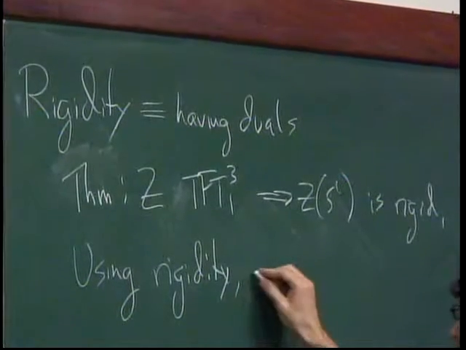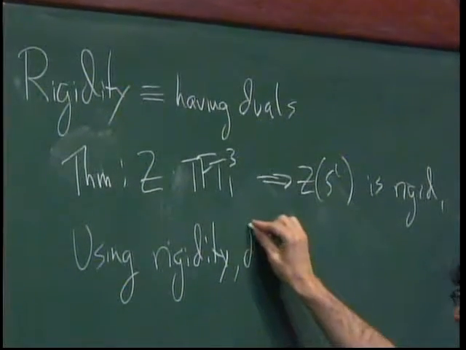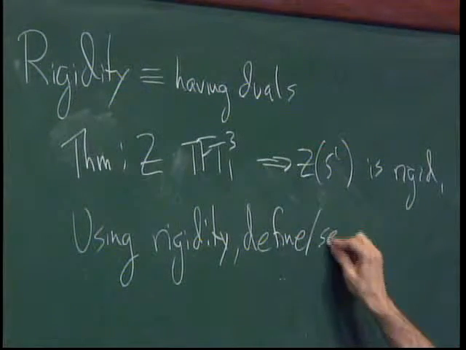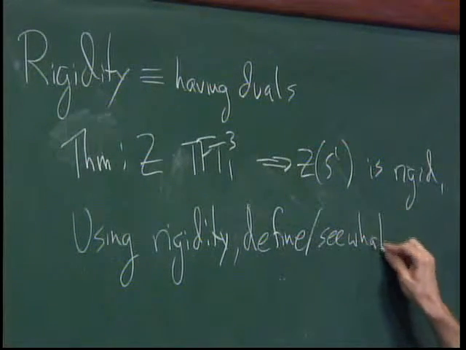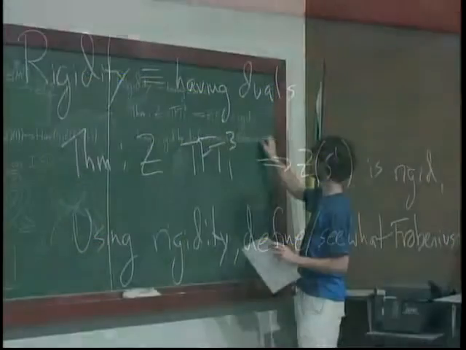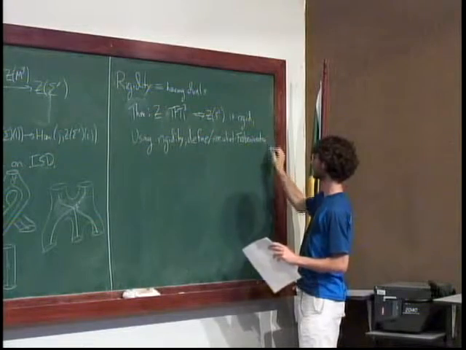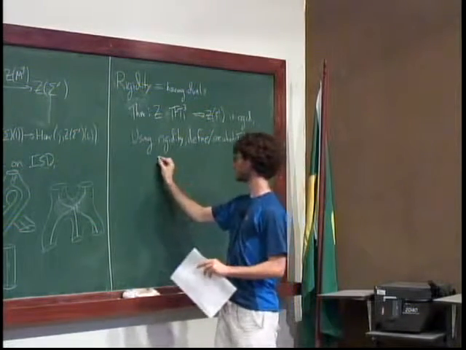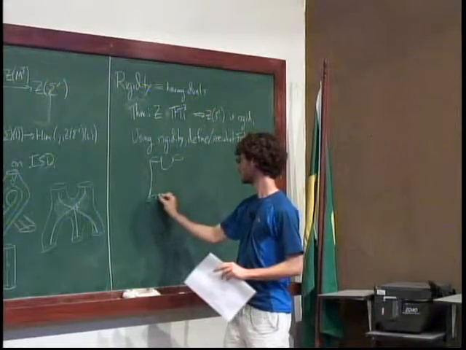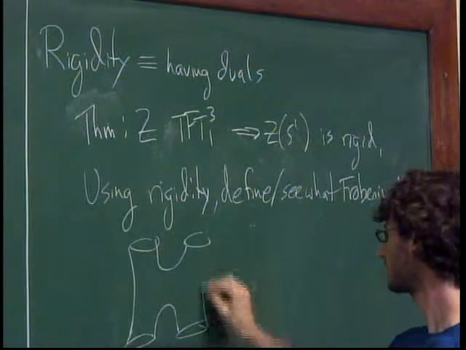define or see what the Frobenius algebra does. So what was the Frobenius relation in the two-dimensional case?